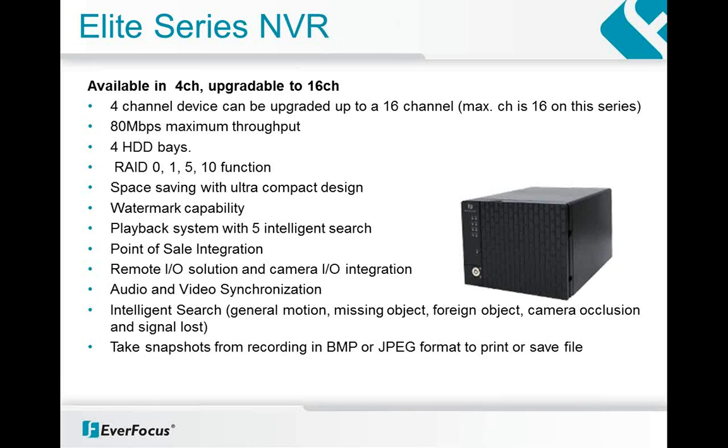The maximum throughput on this NVR is 80 megabits per second. It has 4 hard drive bays, which you can set for RAID 0, 1, 5, or 10 functionality. It's a very compact unit, probably as big as a shoebox.